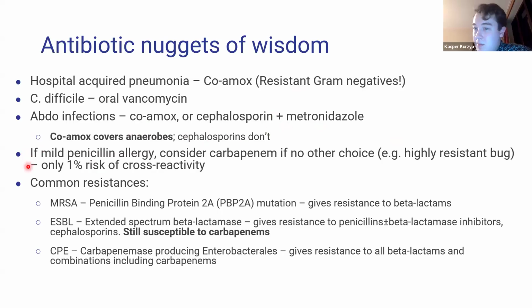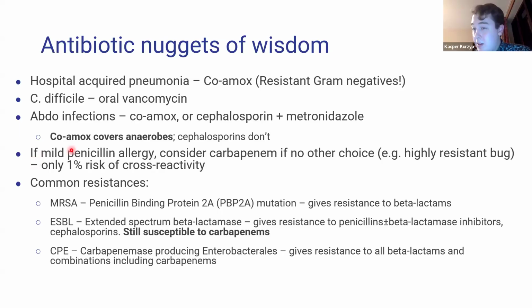In your patients, sometimes you will get a question about a patient with a rash after penicillins. If they just have something mild, you will typically use other antibiotics than penicillins in that case.